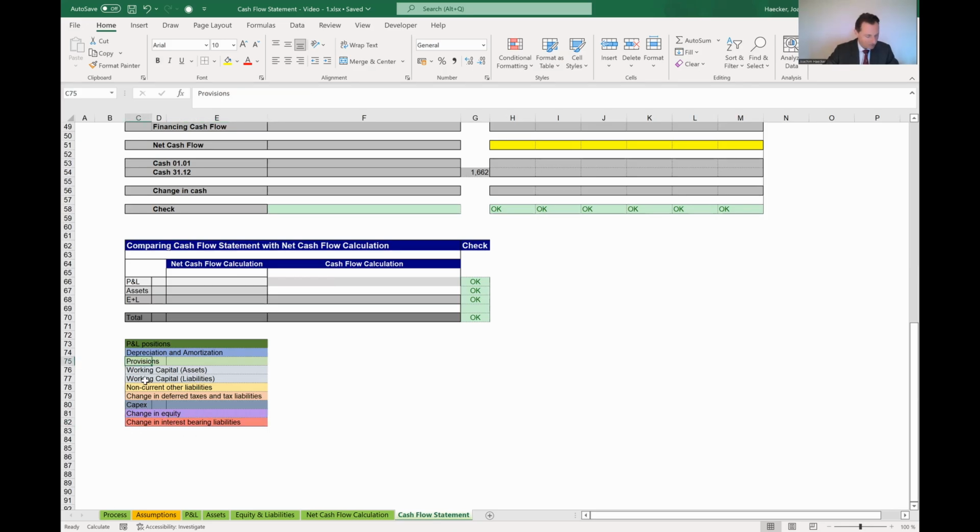We continue with our provisions, then the change in equity, all have different colors, then the change in deferred taxes and tax liabilities, then the non-current other liabilities, the working capital asset side, the working capital liability side. Then we move towards the depreciation amortization, and finally, last but not least, the CapEx, capital expenditure. So let's get started with part 1, P&L position.